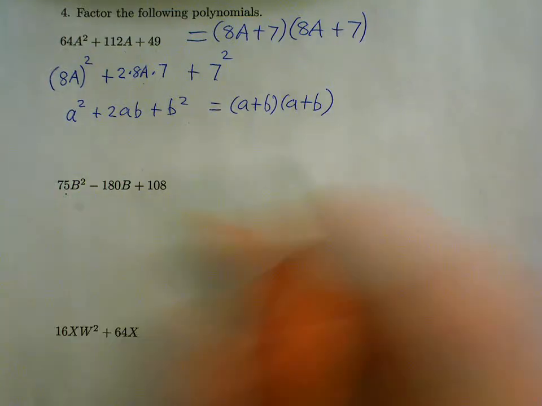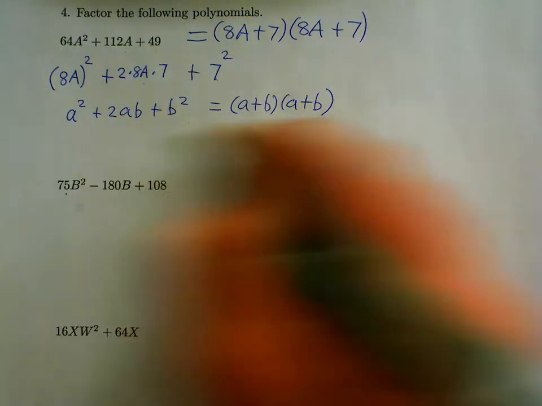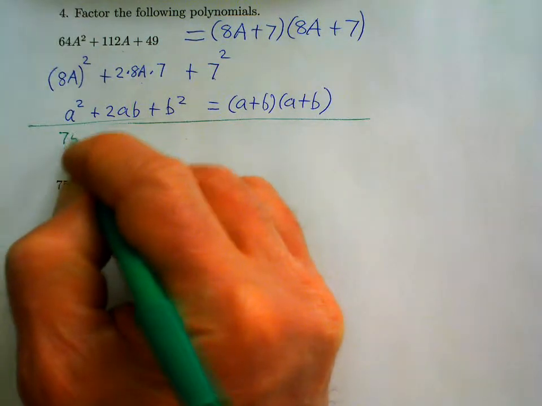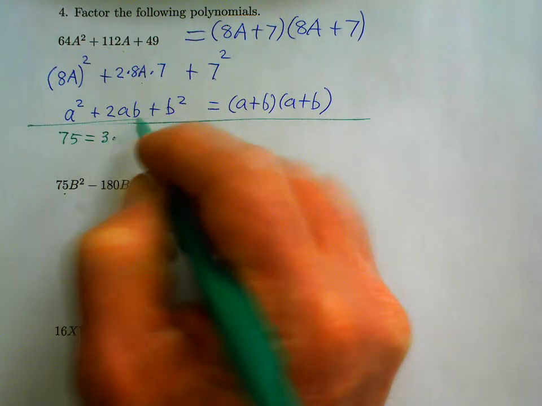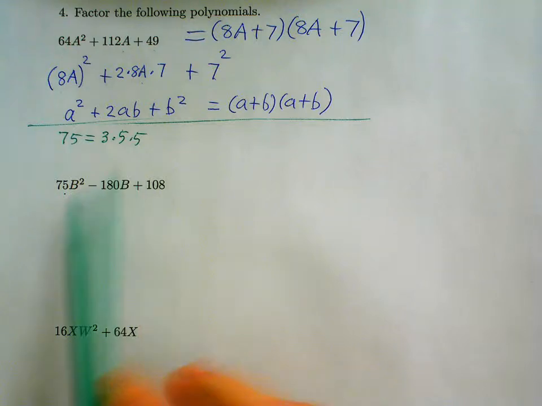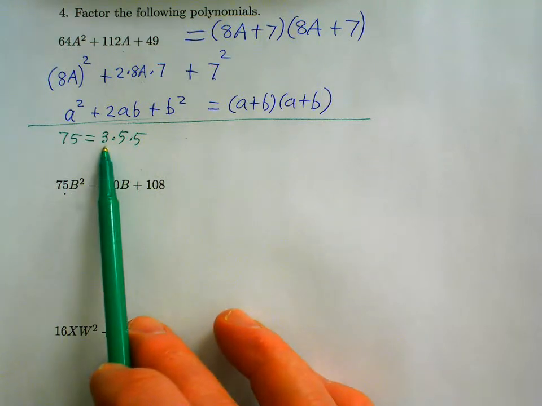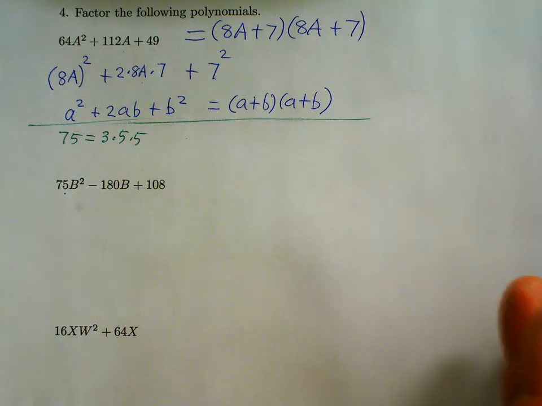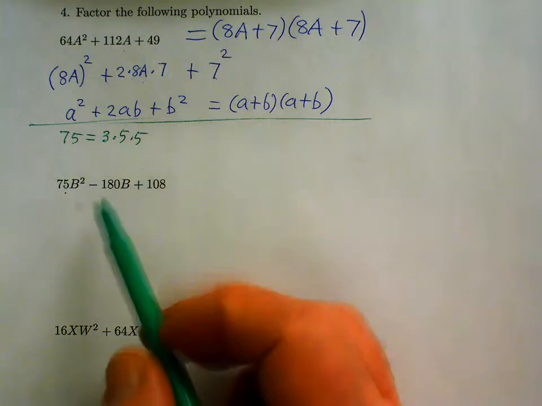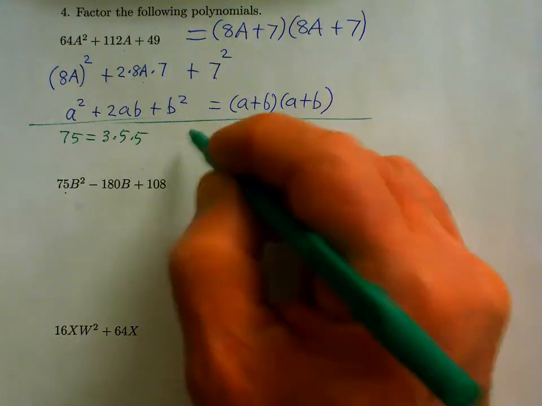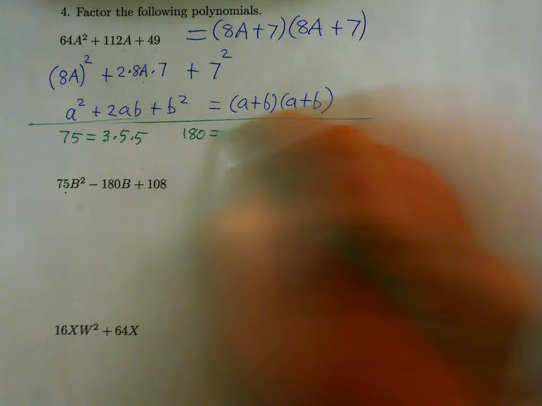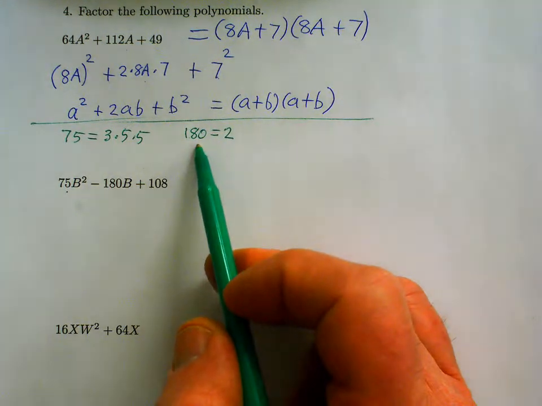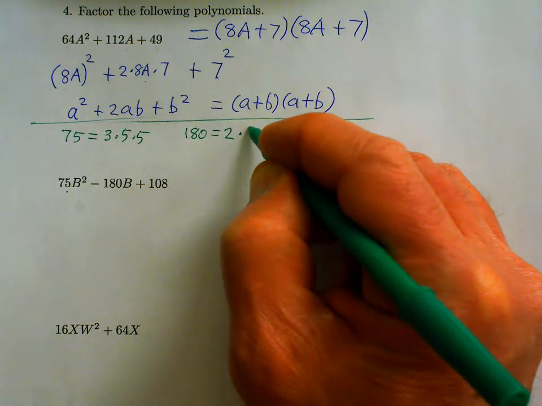Well, we can note that 75 is 3 times 5 times 5, 3 times 25. So the prime factors of 75 are 3 times 5 times 5. 180, well, 2 goes into 180, 90 times. 2 goes into 90, 45 times.